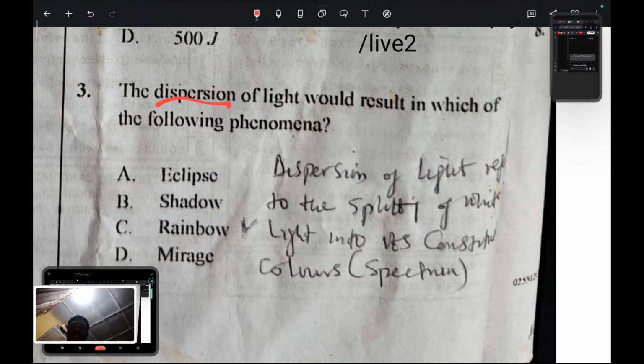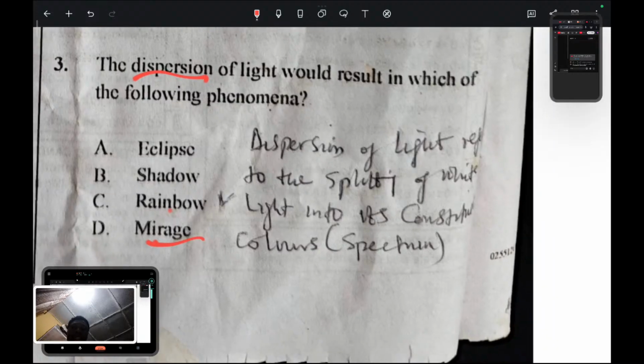Because mirage is just one of it. But this rainbow occurs based on this principle of dispersion of white light. But mirage occurs based on total internal reflection. I believe you must have been taught based on this. And then eclipse and shadow are just obstruction to light.